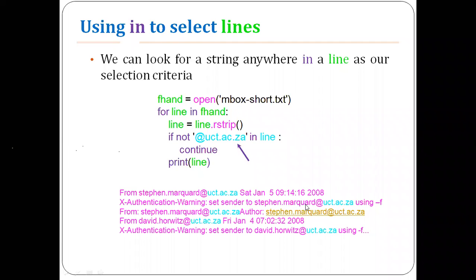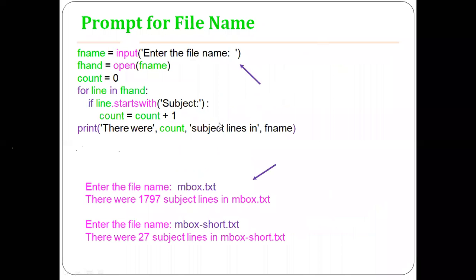The only thing is that all these email IDs have the domain name uct.ac.za. That is what we are looking at here. And all the lines which don't contain this domain name will be skipped. That is the meaning of it.